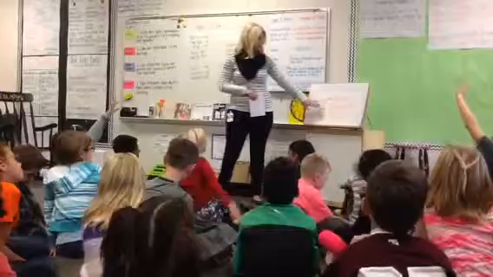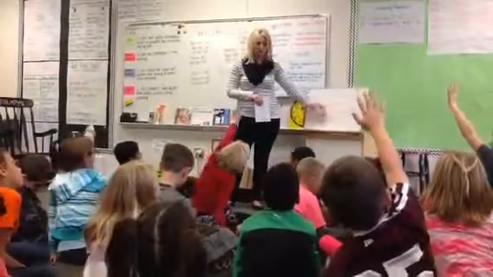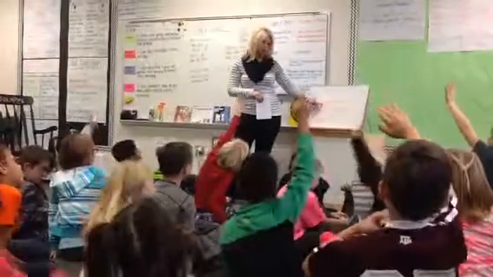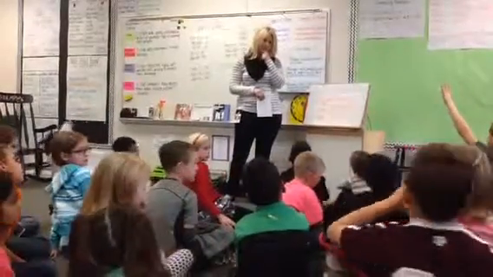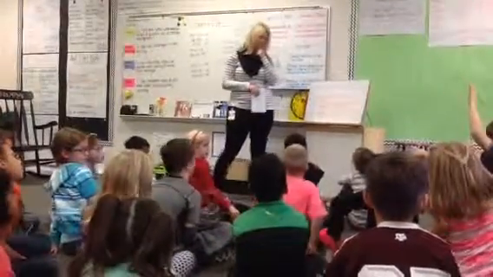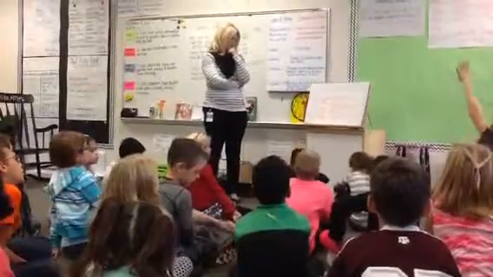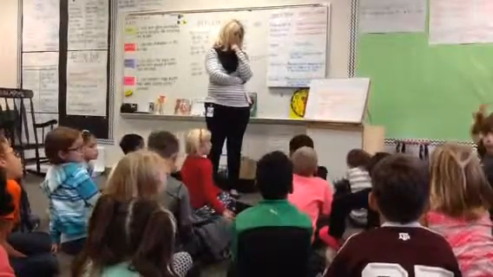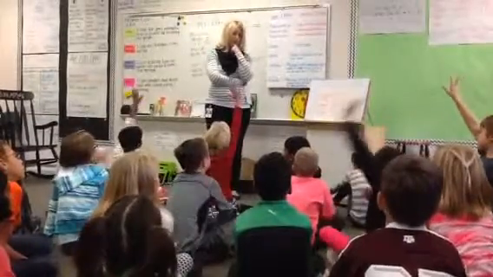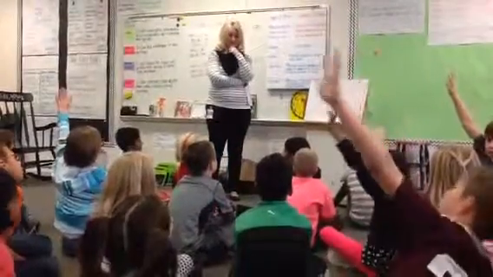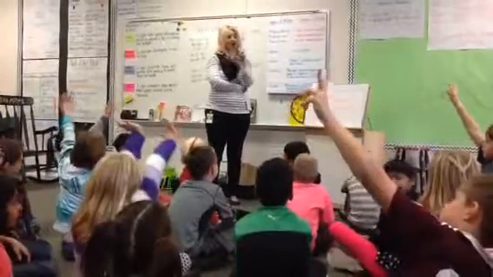How many more sugar cookies than chocolate chip? 3. Okay, but how did you come up with that? Because I put some 4 cookies on the sugar part, and then I knew that there was 3 more. Okay, so what would your number sentence be? How can you justify your answer to me?